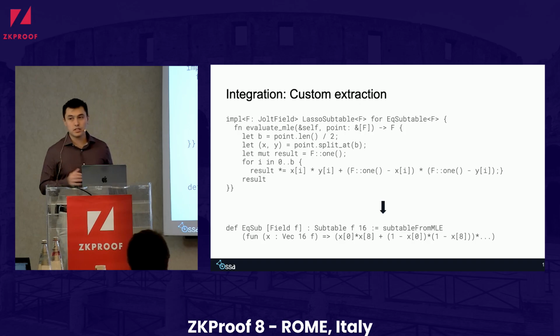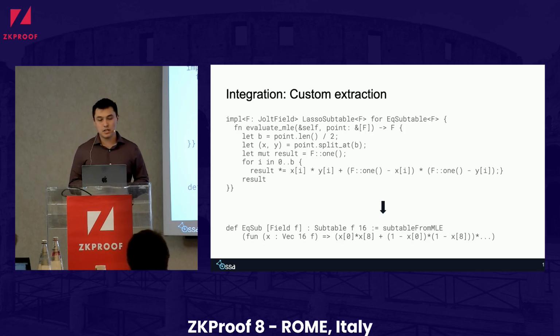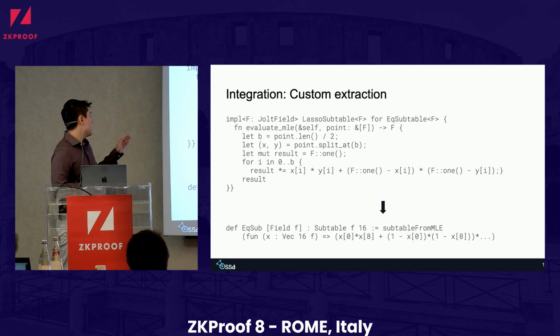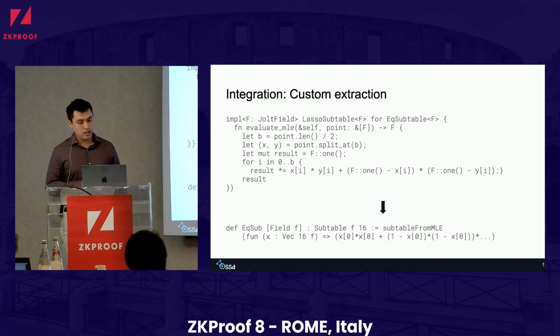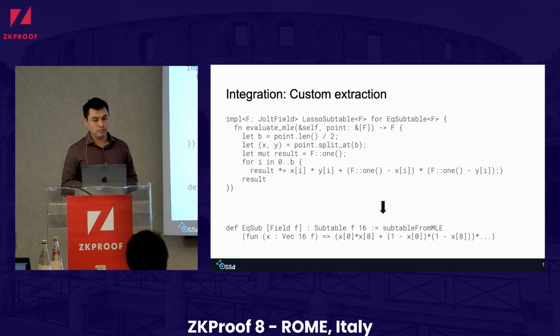So here's an example of what this looks like when you run this extraction tool. On the top, this is the Lasso lookup table for equality. This is the RISC-V equality instruction. That's what the Jolt Rust code looks like at the top. It's basically taking its list of inputs, points, and evaluating the polynomial.